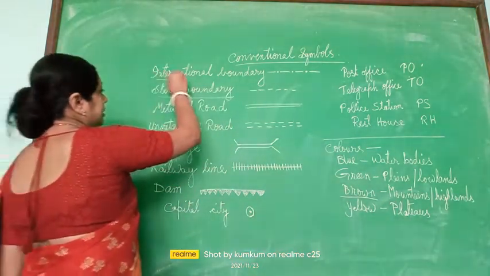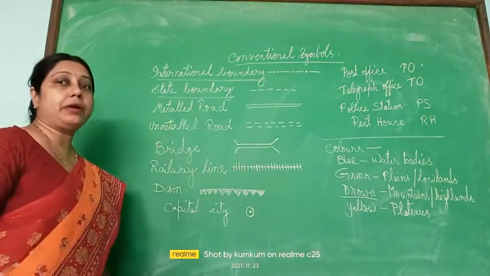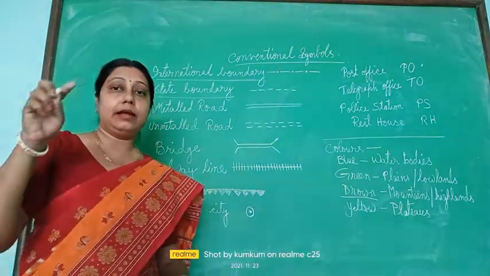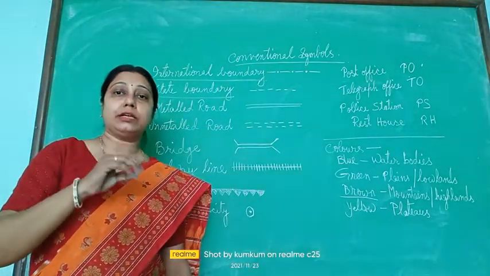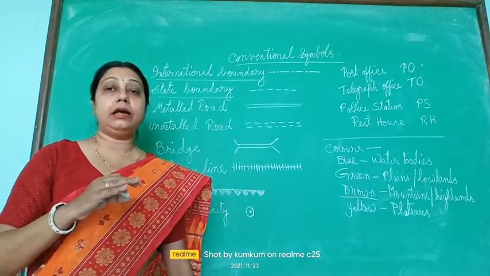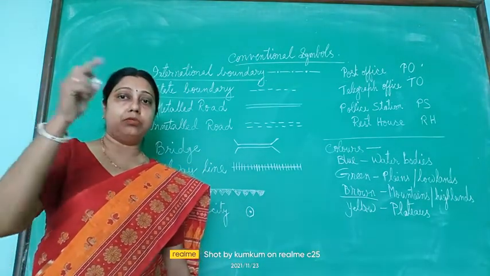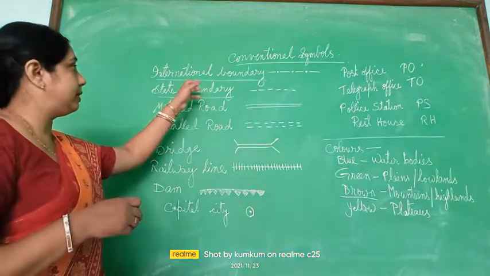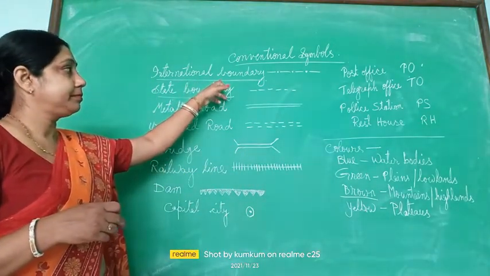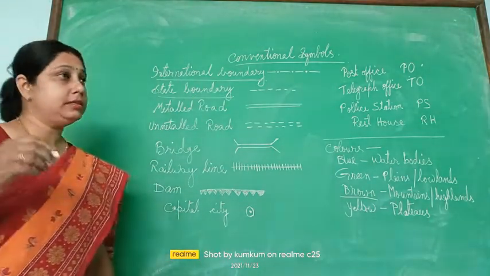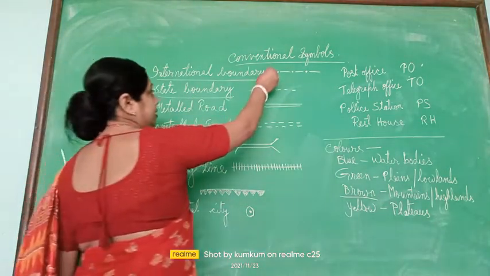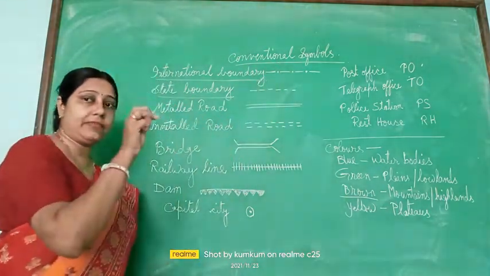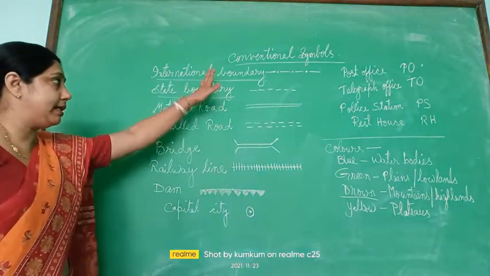The international boundary means the line marking from one country to another. That means if you want to mark the outer boundary of India and Pakistan, that international boundary is marked with one dot, one dot, like this.